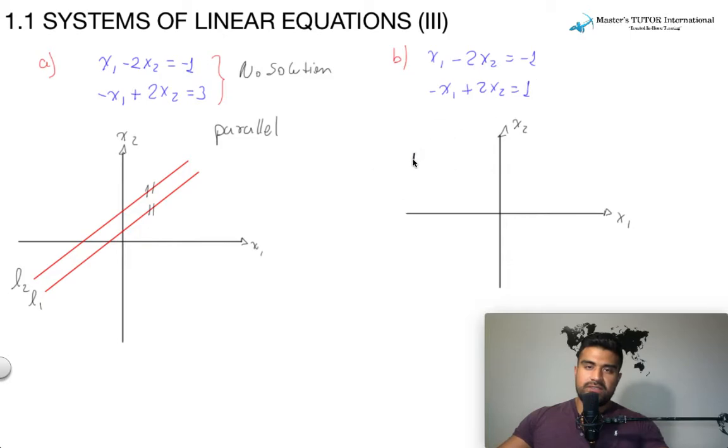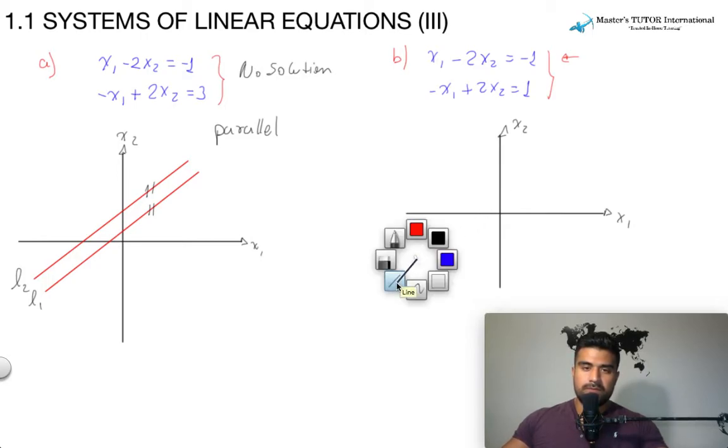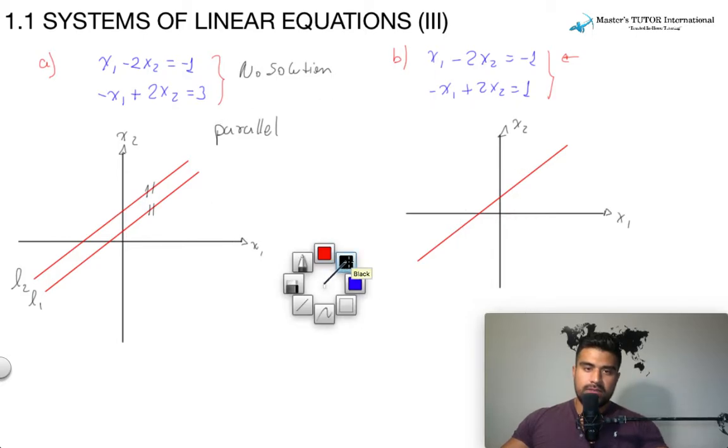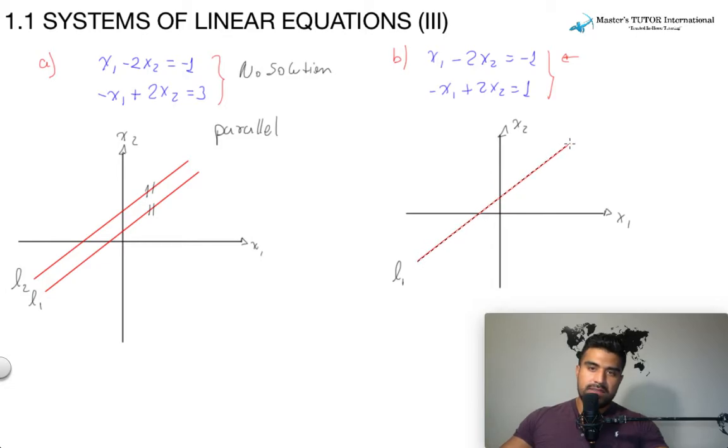If we graph the first line, we will have something like this. This is L1. If you graph the second equation, you will have that the line goes in the same place as the first one.